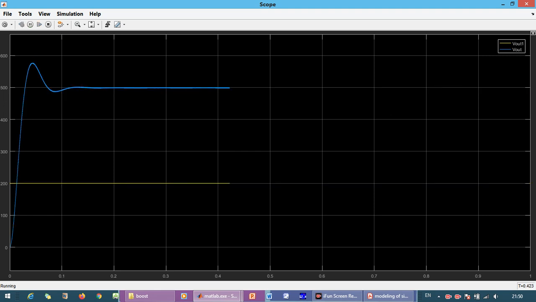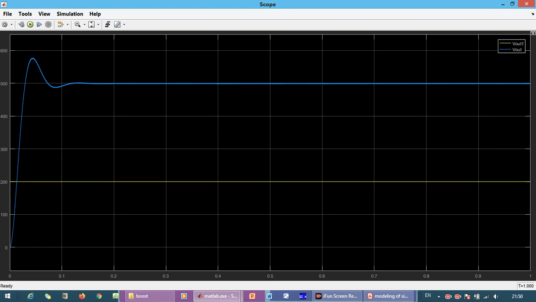Now you can see the output voltage becomes smoother, and the oscillations in the output voltage become smoother while increasing the switching frequency. So we can conclude, if we increase the switching frequency of the converter, we get a smoother output voltage in terms of oscillations, and we will get the output voltage with reduced ripples.